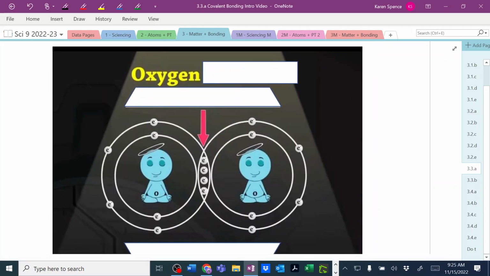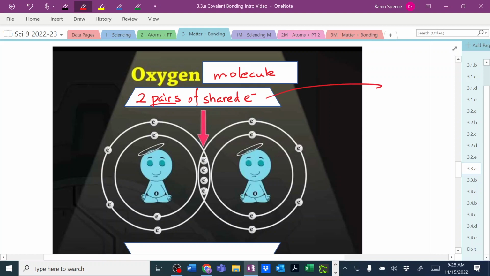Okay, so now instead of having 2 oxygen atoms, we have 1 oxygen molecule. How many pairs of shared electrons? 2 pairs. And by 2 pairs, we mean, of course, 4 electrons.